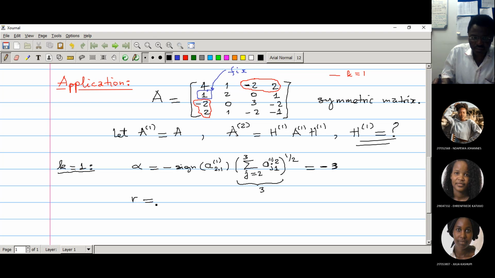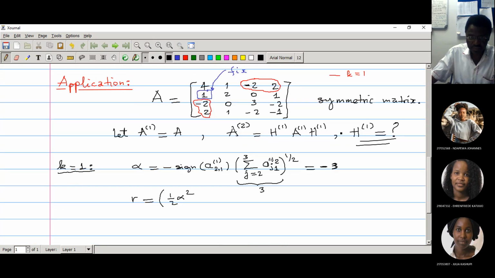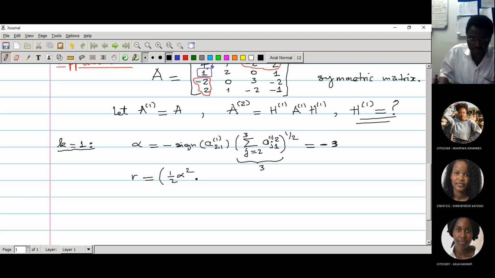Now for R, we use the same formula. We know that R is the square root of 1/2 of this alpha square, minus 1/2 this entry A_{21} into alpha, and we take the square root.